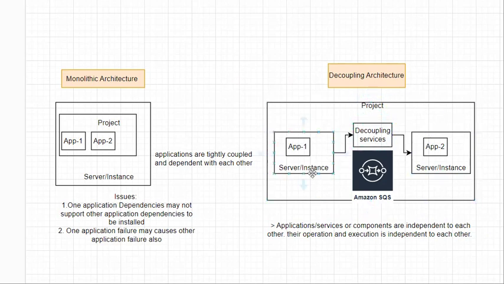We can develop each independent application while interacting with it. Each and every application will communicate by using a specific constant interface in this decoupling architecture. This is how they overcome these two problems by choosing decoupling architecture.